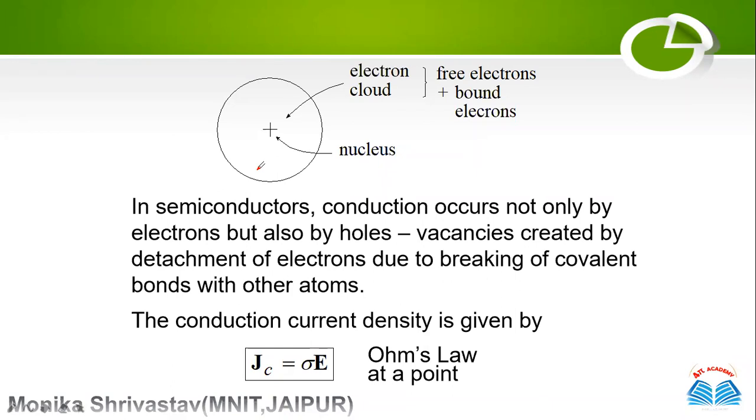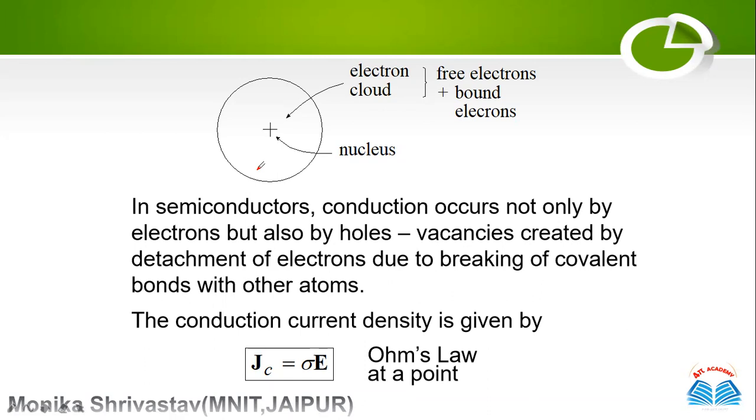Now the vacancy is positively charged, so holes are always positively charged. So we have two types of charges in a semiconductor: electrons, meaning negatively charged particles, and holes, meaning positively charged particles. So when we talk about semiconductors, we consider two types of charges, but we will not do the same in conductors, insulators, and dielectrics.